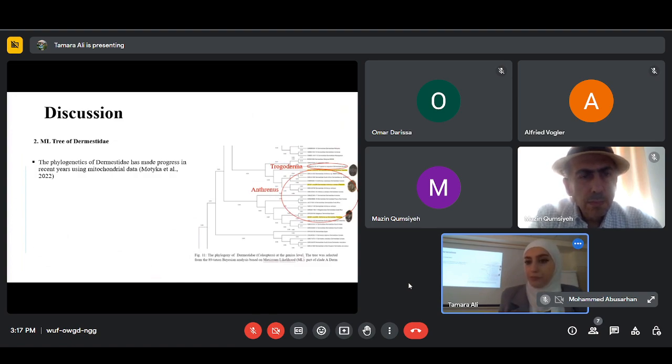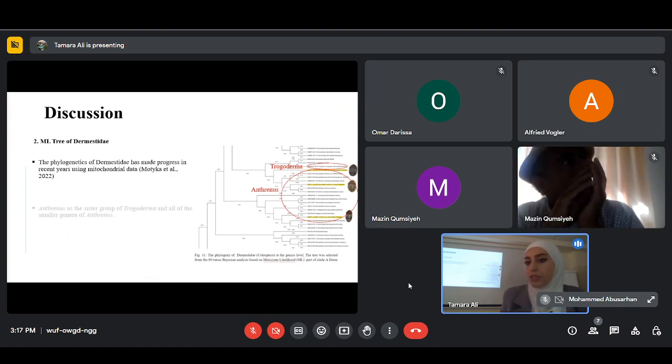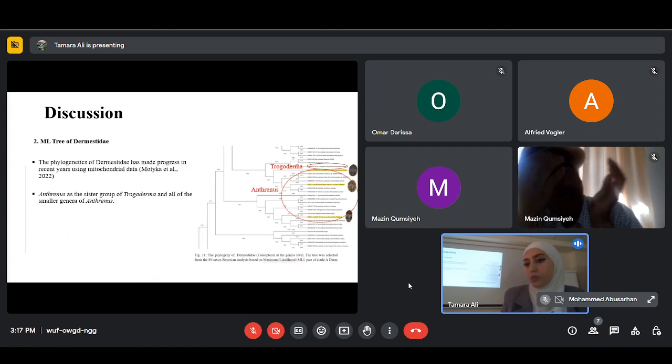In the Dermestidae tree, the phylogenetics of Dermestidae has made progress in recent years using mitochondrial data, and based on the analysis of our Dermestidae tree, it was found that Anthrenus is the sister group of Trogoderma and all the smaller genera, which is consistent with the result of Zhang in 2021.